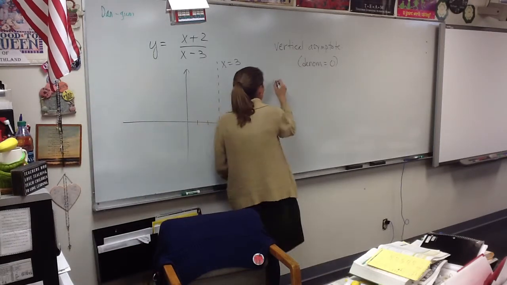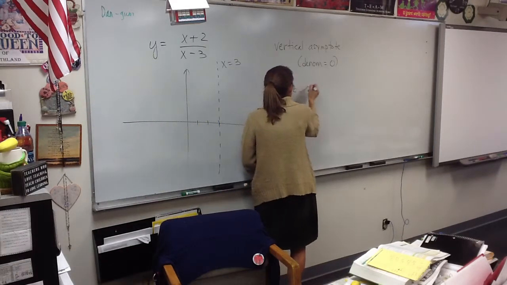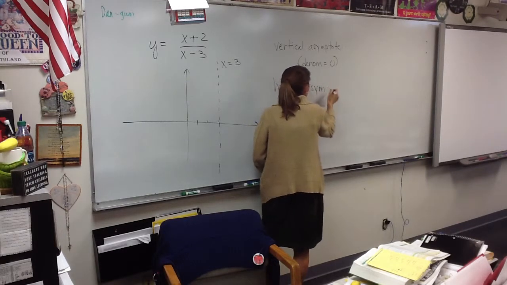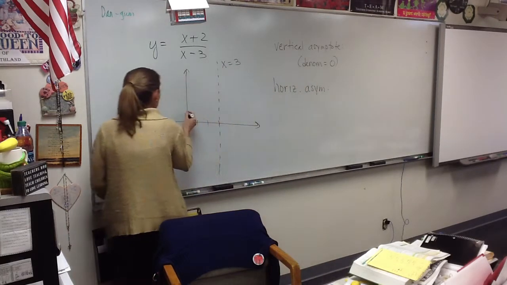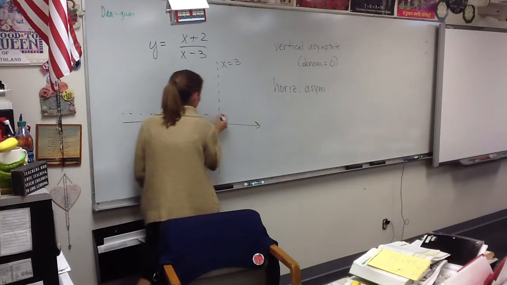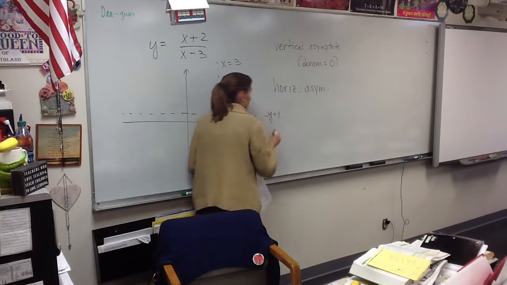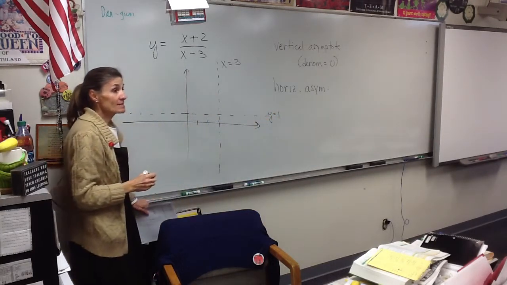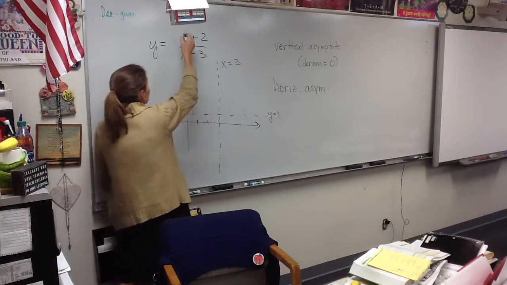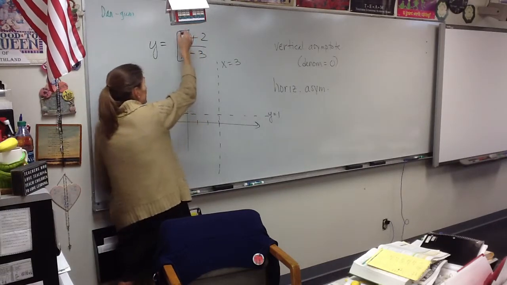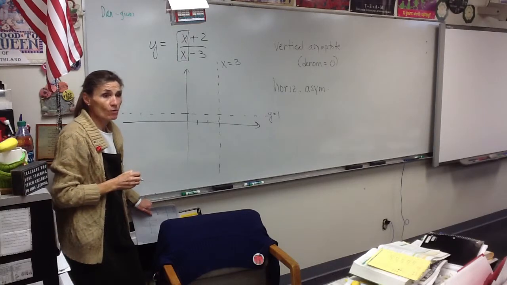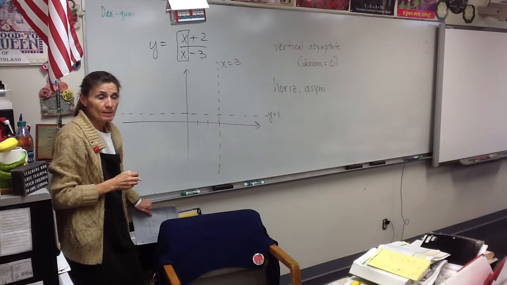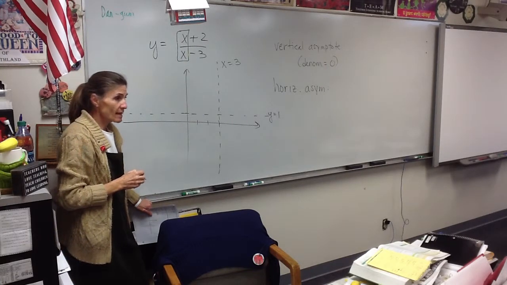Now, the horizontal asymptote, Harry already said, was at y equals 1. And that's because when you look at your problem, you have x over x. And what is x over x?